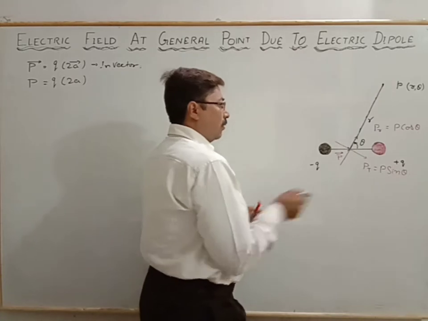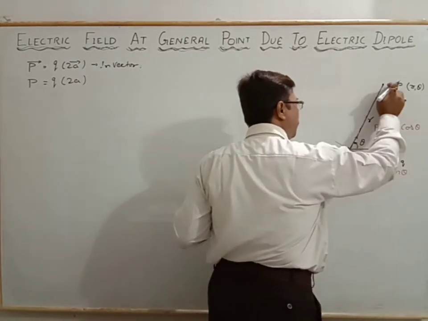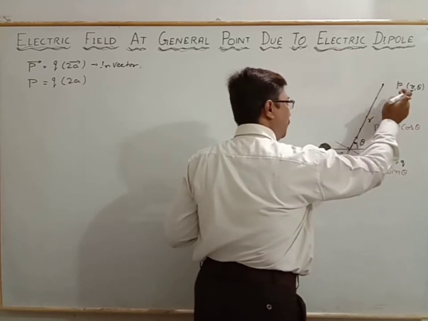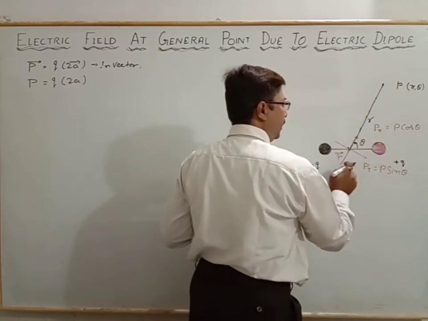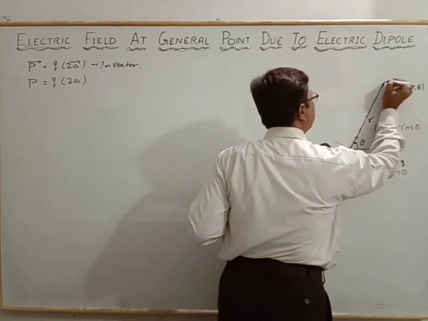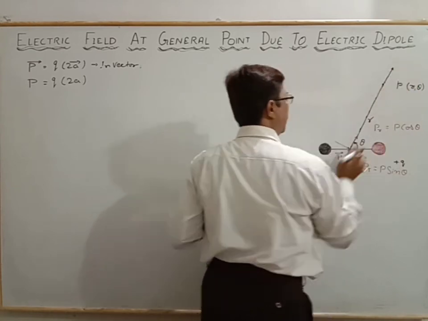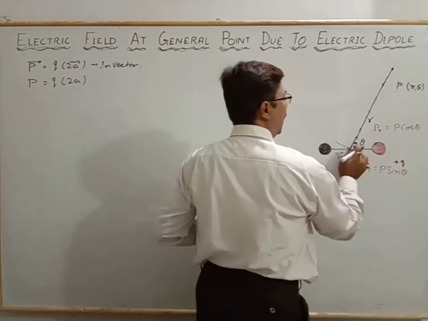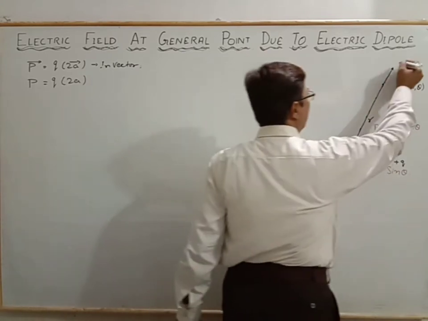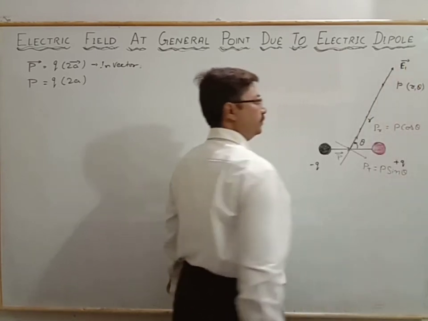Now the point P is an axial point, or we can say that P lies on the axial line of the radial component. So the electric field on an axial line or axial point is always along the direction of the dipole moment, and that dipole moment is the radial component. So here we will write the electric field E1 vector.